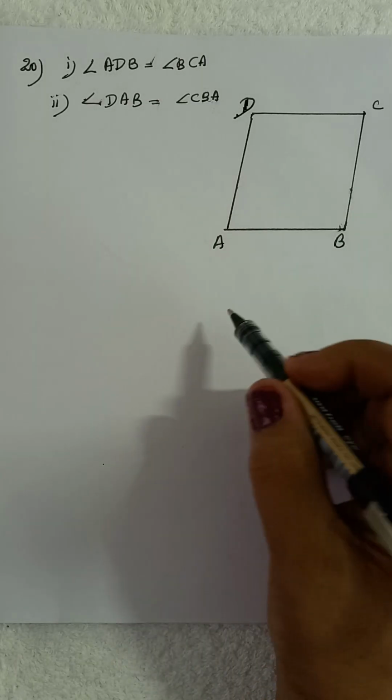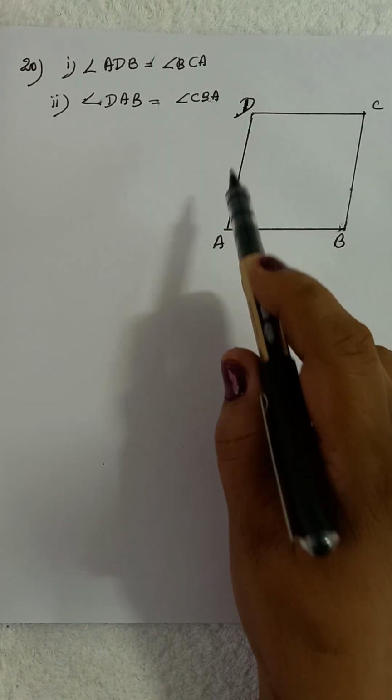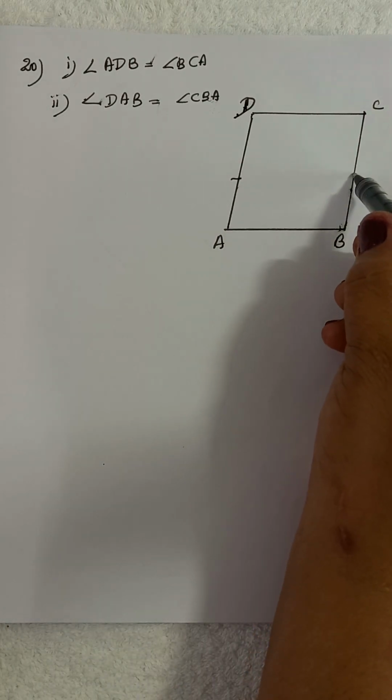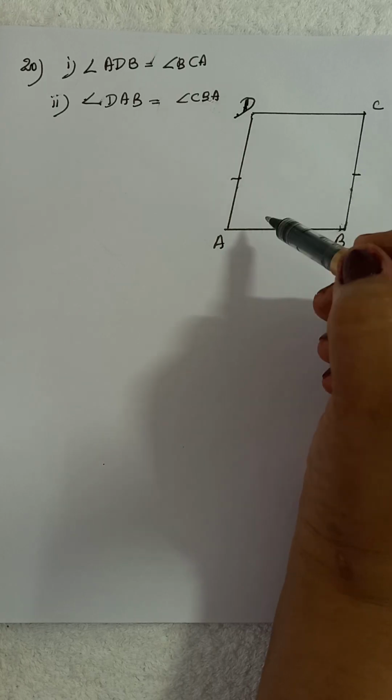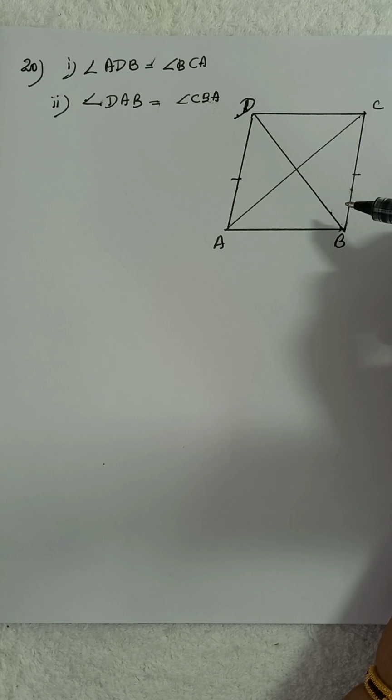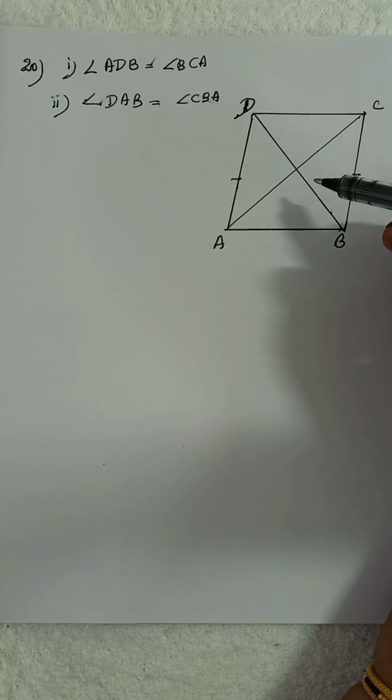Now the 20th question. In quadrilateral ABCD, AD is equal to BC. These two sides are equal and BD is equal to CA. BD and CA are the diagonals of this quadrilateral. They are given as equal. Then what do we have to prove?